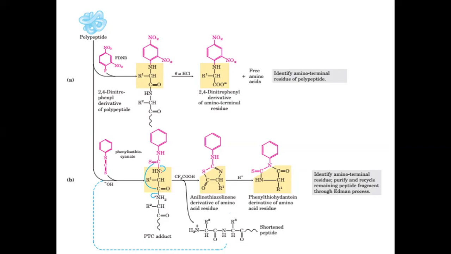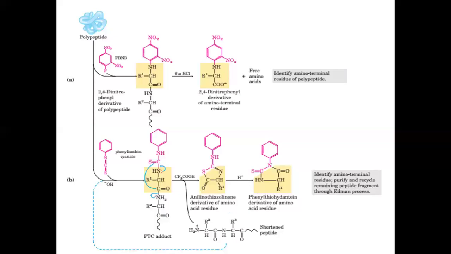This can be converted under acidic condition to phenyl thiohydantoin, and this residue can be determined using chromatography. What you have is the remaining peptide, but with one amino acid, the N-terminal, removed.